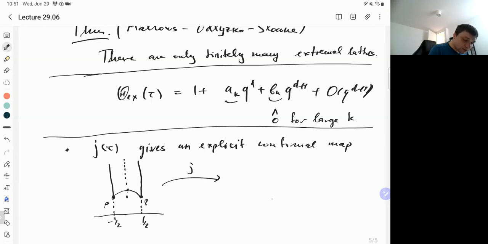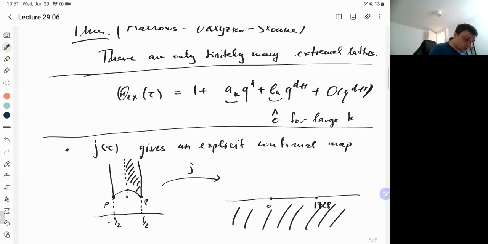Let me do a picture. It actually maps this thing below. Let me use a different color.